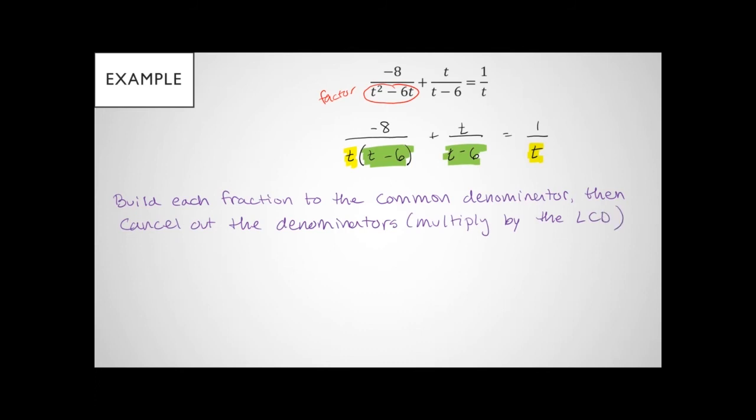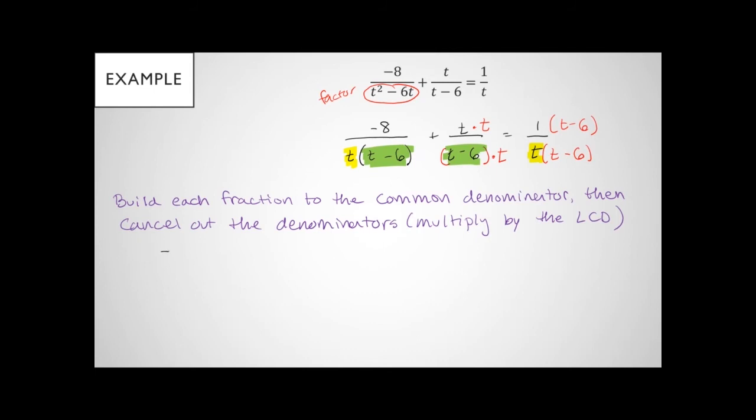So to demonstrate on this particular problem, the fraction t over t minus 6 doesn't have the yellow t. So I need to multiply that fraction by that t. The fraction 1 over t doesn't have the green t minus 6, so I need to multiply that by the t minus 6. So that way each fraction has a t times a t minus 6.